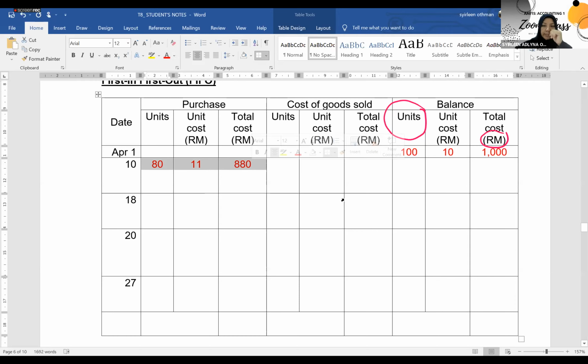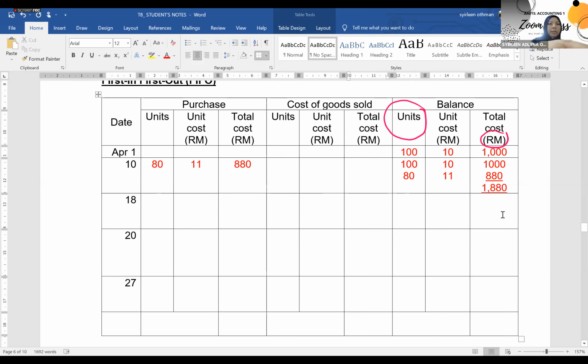The first item yang saya akan tulis dalam balance will be my first batch. So yang atas ni balance tadi adalah batch pertama, yang 100 darab 10 sama dengan 1000. And then yang saya baru beli ni 80 units akan ditulis dekat bawah.